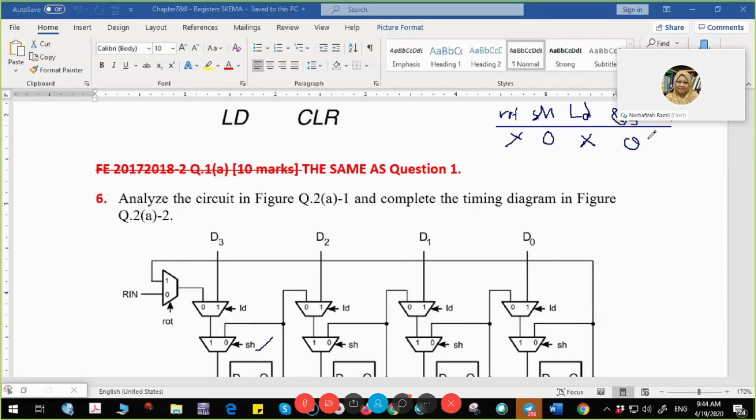Equal to Q, no change. But the moment this one is 1 and the ROT is 0, and the load is now 0, right? So 1, 0, this one is X. This is 0, 1, 0. What happened?